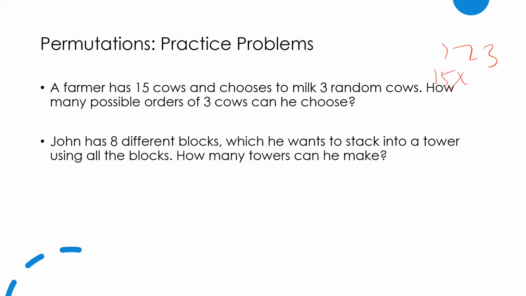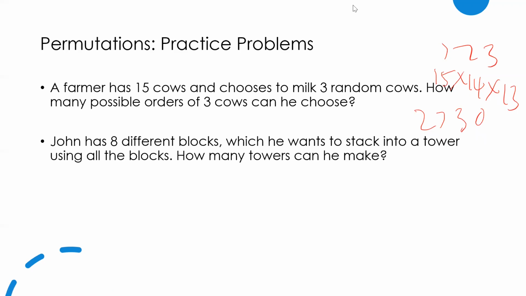For the second one, we already used 1 cow, so there are only 14 possibilities. For the third one, we already used 2 of them in positions 1 and 2, so we only have 13 possibilities left. We multiply these together and we get 2,730.